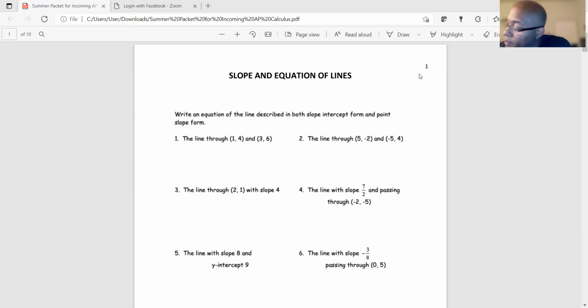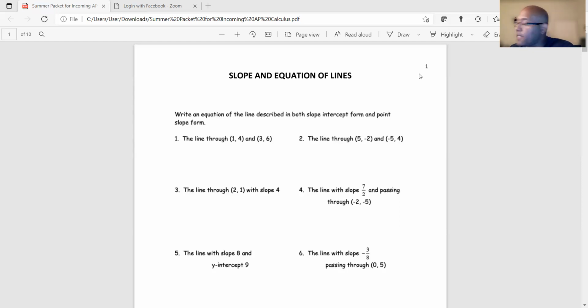These two negatives become a positive. So your point slope form is y plus 2 equals -3/5 times x minus 5. That's our point slope form. So those are our two forms. We have a slope-intercept form and a point slope form. And that's a practice problem that you can look at, okay?